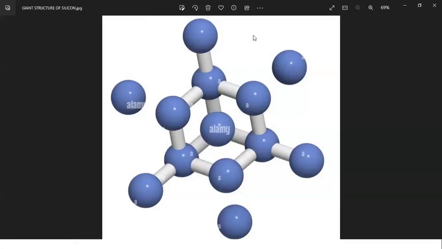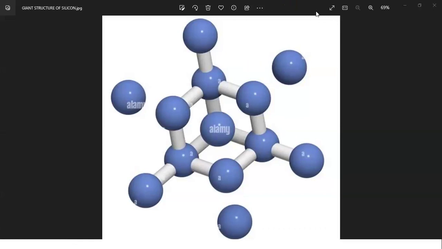Hope we can see the picture. Yes. Some people are saying they can see it already.